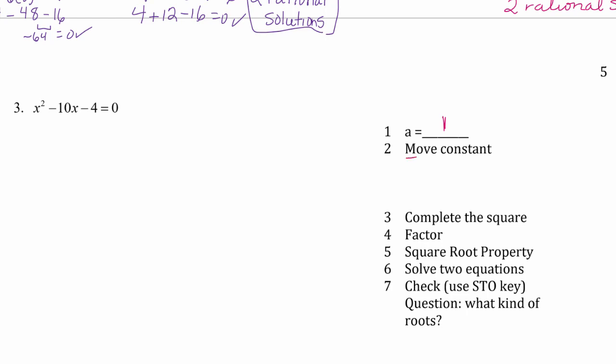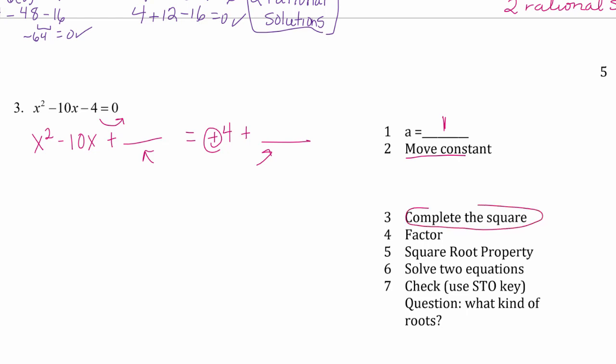Okay. Move the constant. So leave those two terms on the left. Equals, and then add this 4. So positive 4. Notice that I'm already setting up that I'm going to add something to both sides of the equation, right? And what am I going to add? Whatever makes this a square. This is the complete the square.